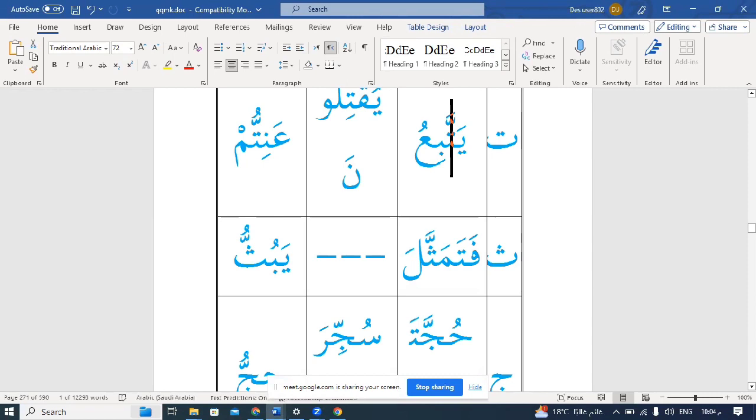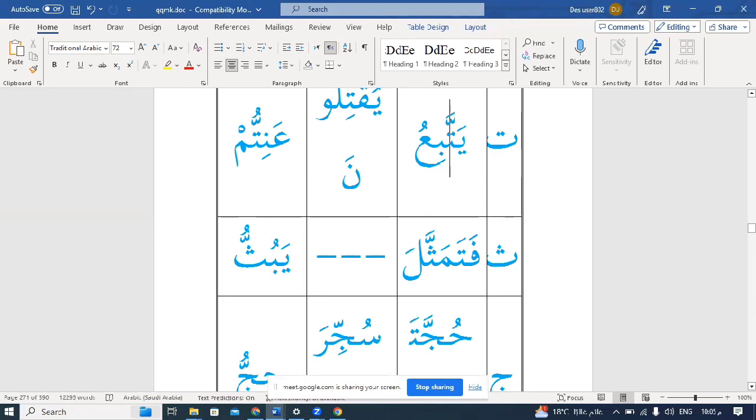This sign means a couple of one letter. Like for example, here, this sign is above ta. That means this ta is two ta, not one ta. The first ta has a sukoon sign, which is the one we talked about before, and the second one has a vowel sign, like for example, here it has fatha.